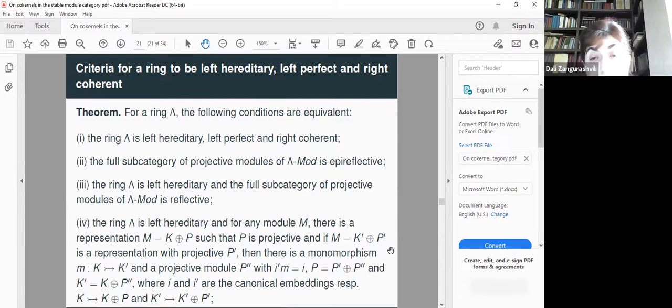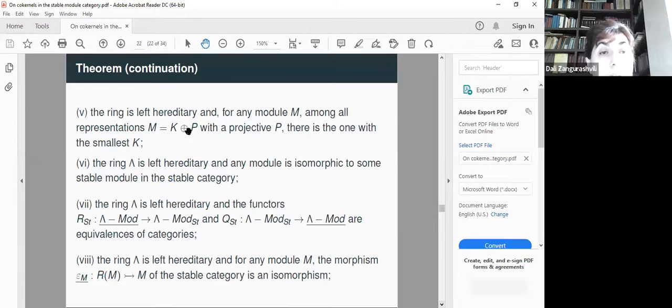If we have another representation of the same module with some submodule K prime and a projective submodule P prime, then there is a monomorphism m from K to K prime, and a projective module P2 prime such that these equalities are true, where i and i prime are the canonical embeddings. The fifth condition asserts that the ring is left hereditary and for any module M, among all representations with a projective P, there is one with the smallest K.